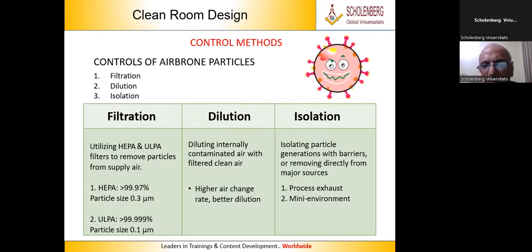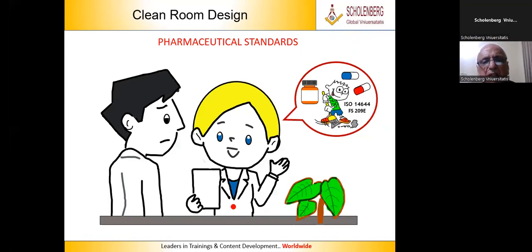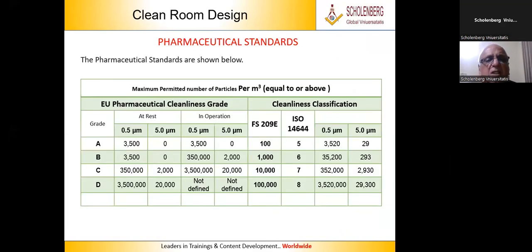The three methods of control. Right, now we go to next. So these are two standards out here. The EU standards are separate. They have their own standards. And FS 209E and ISO, and the comparison of all the three.